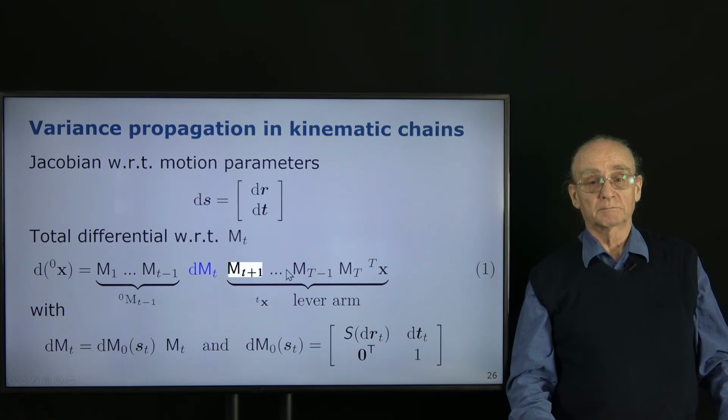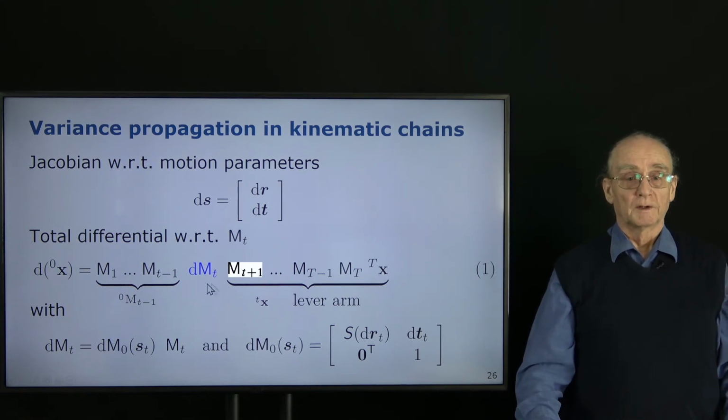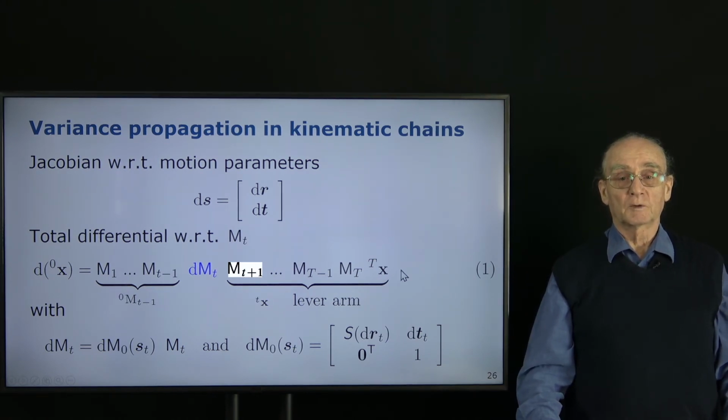All the other parameters are assumed to be fixed for this analysis. So we have here the coordinate transformation from system t-1 to 0. And if we multiply this out, we have here the coordinate transformation from t-1 to t. That means if we multiply this out, we actually get the x_T.